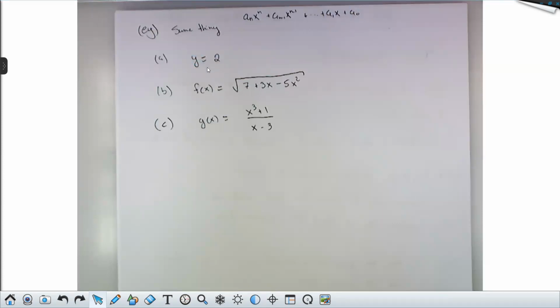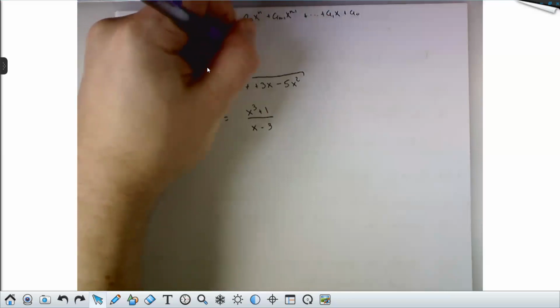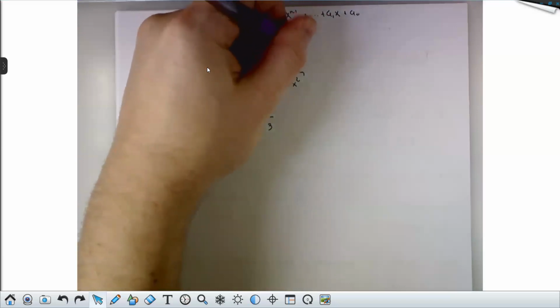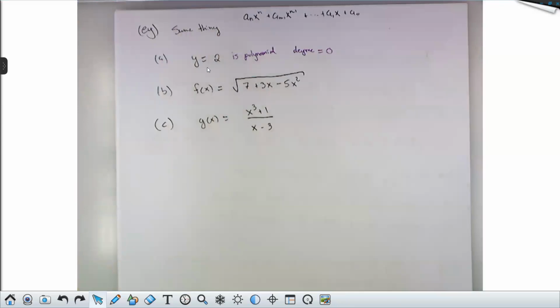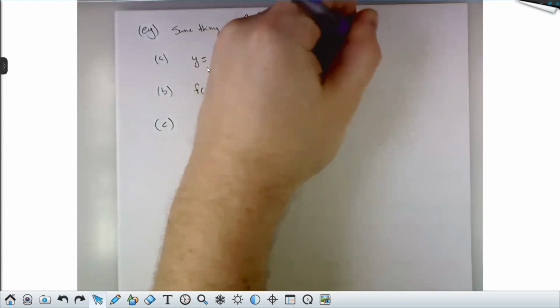This is a polynomial. The degree is 0, and that's tricky. So the constant term and the lead coefficient are the same thing.